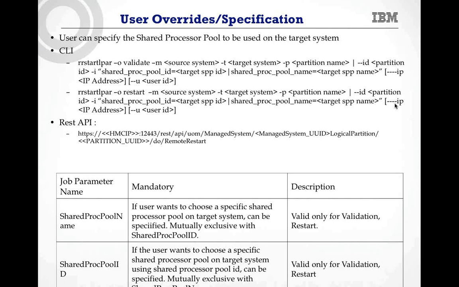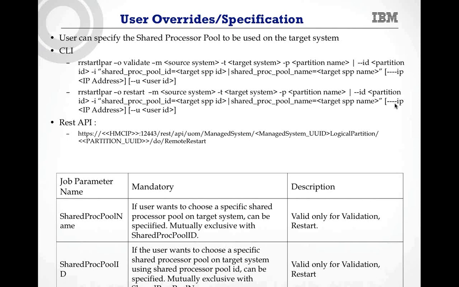It only had a handful. So what the HMC team did is they said, what are some of the most important things customers are asking about for LPM that we need to take from the LPM command and add to the remote restart command? And the first 2 things they've brought over is shared processor pools, the ability to specify your shared processor pool when you do a simplified remote restart.